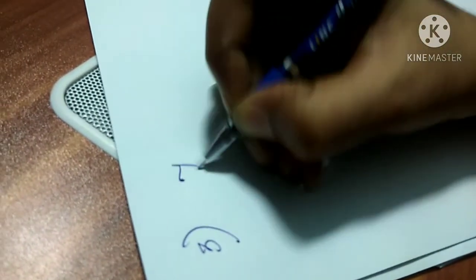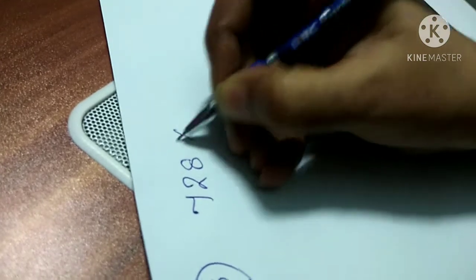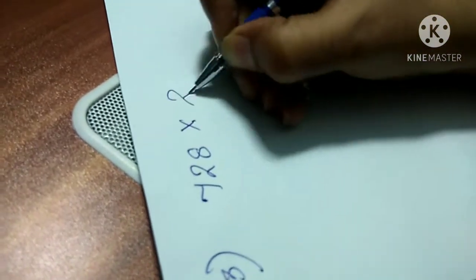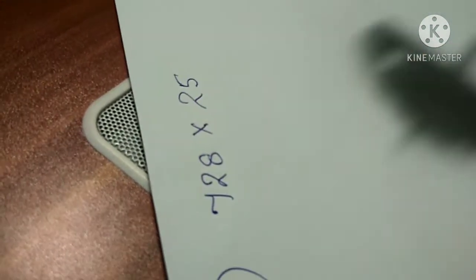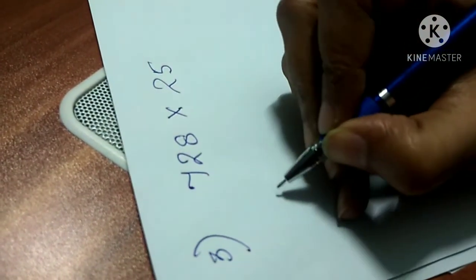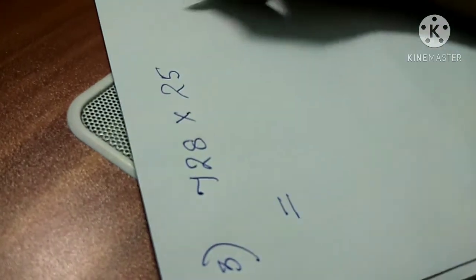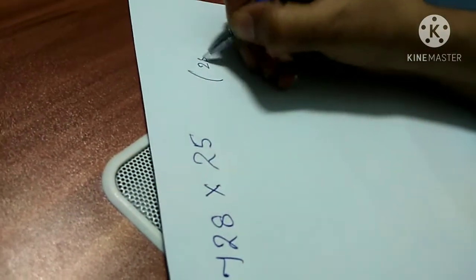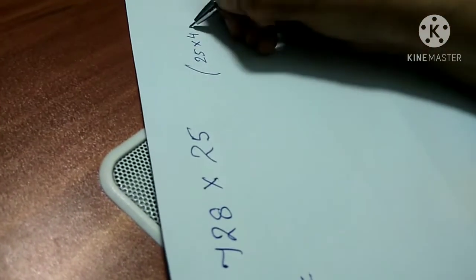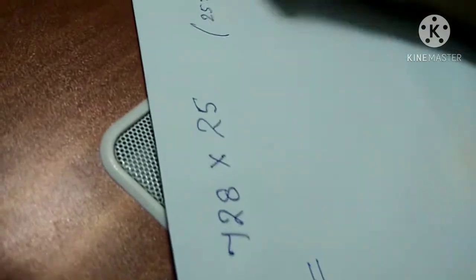Suppose I had to multiply 728 by 25. Again, this sum will take approximately 5 minutes time if I follow the long multiplication method, right? But now I'll show you a trick which will help you to solve this sum instantly. Now, as we all know that 25 multiplied by 4 gives us 100, right?